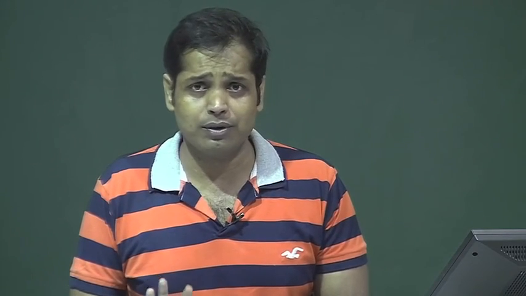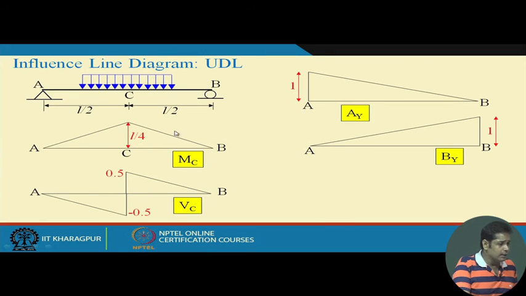When we talk about an influence line, it is just one unit concentrated load moving through the length of the beam. So irrespective of the actual load, the influence line is always drawn for a unit concentrated load. Even if the load is applied as a distributed load, the influence line remains the same.